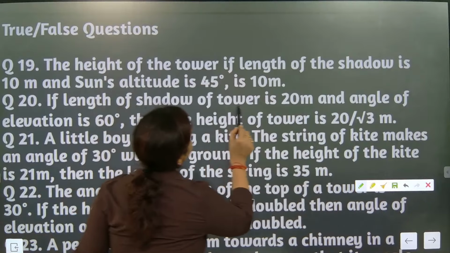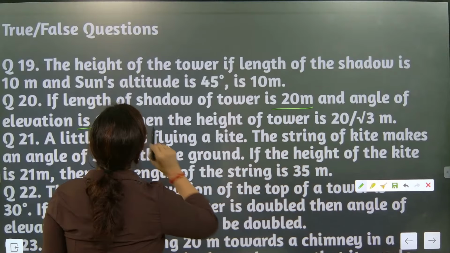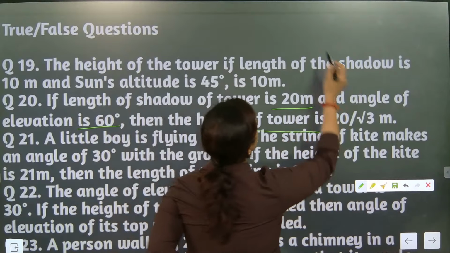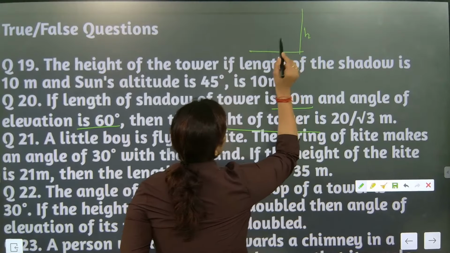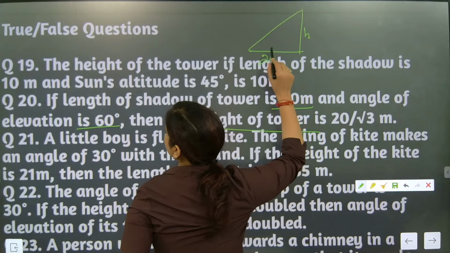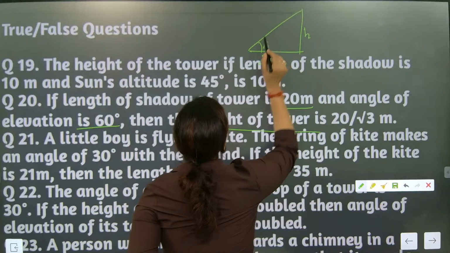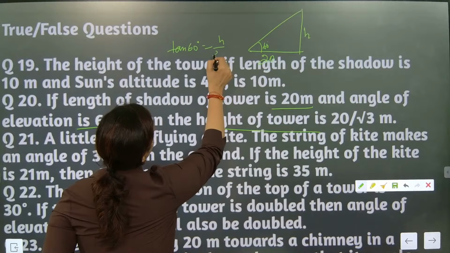If the length of the shadow of the tower is 20 meter and elevation is 60 degree, then the height of the tower is, so elevation is 60 degree, and here it is exactly how much degree? 60 degree. So here it is coming as tan 60 degree is equal to h by 20.